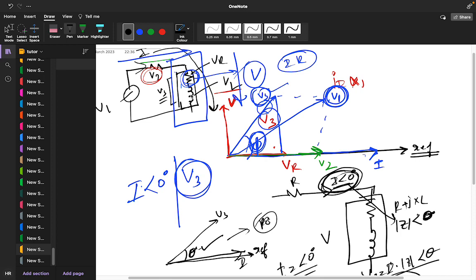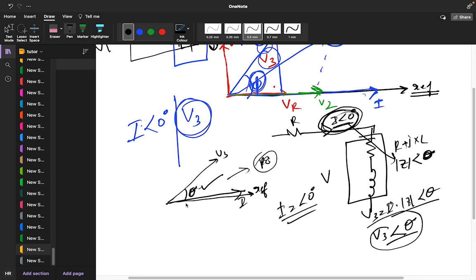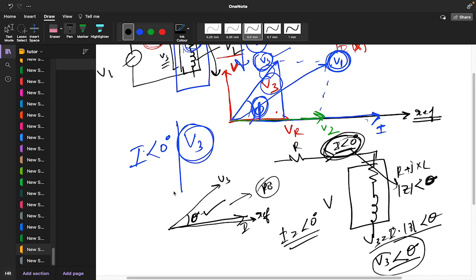So that's why we are getting this theta angle. Okay, you will understand while doing the questions. We'll have lots of problems for this kind of concept. I hope you understood this question, because we took a lot of time discussing it, since it was very important.